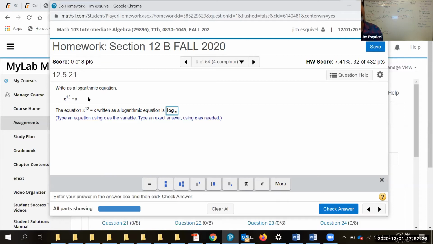Base to the across equals what's inside, and x is on the inside. So log base pi of x equals 12. Across is where the 12 goes.